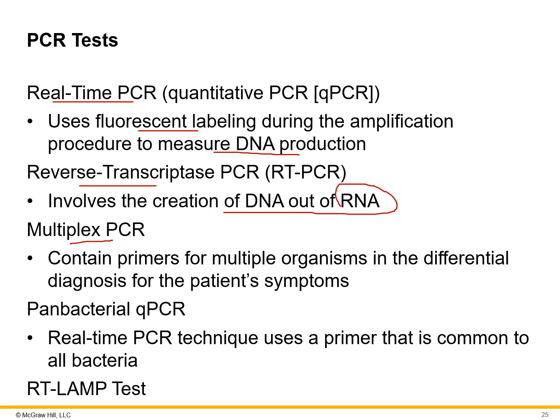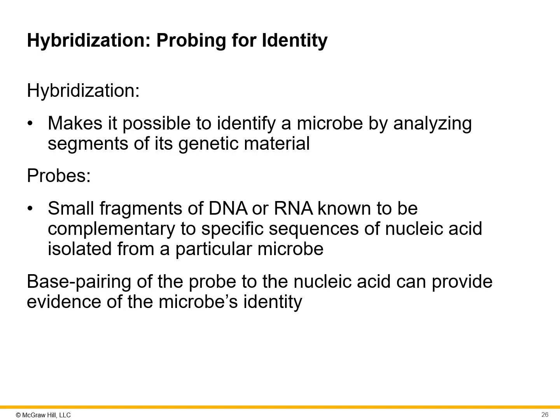A multiplex PCR, this has primers for multiple organisms in a differential diagnosis for the patient's symptoms. And then a pan-bacterial PCR, this is a modification of real-time PCR that uses primers that are common in all bacteria. And then finally, the RT-LAMP test as well.